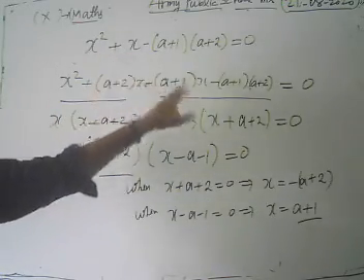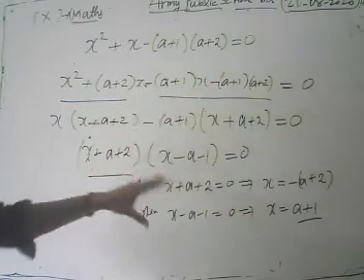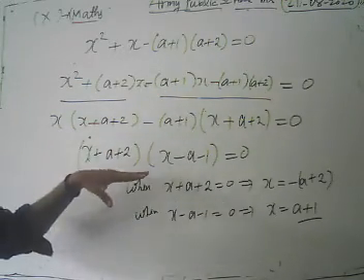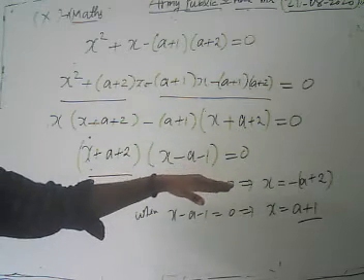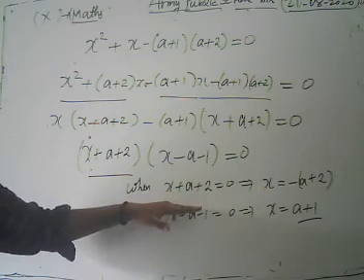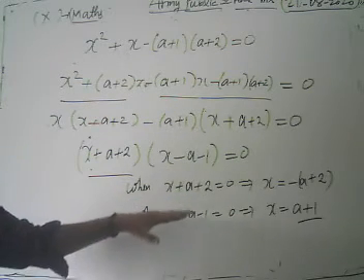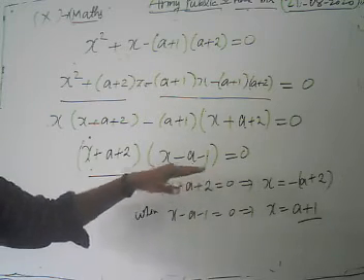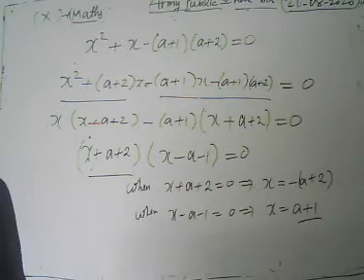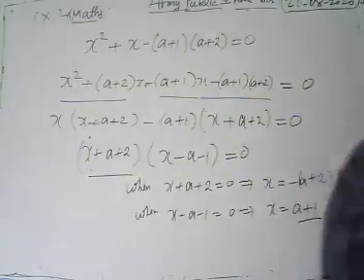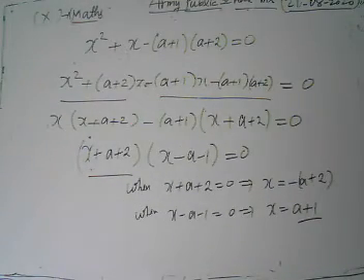After making pairs and solving these steps, we get our factors as (x plus a plus 2) into (x minus a minus 1). Whenever the first factor is 0, we get x equal to minus a minus 2, and when we equate the second factor x minus a minus 1 to 0, we get the value of x as a plus 1. This is our required solution.